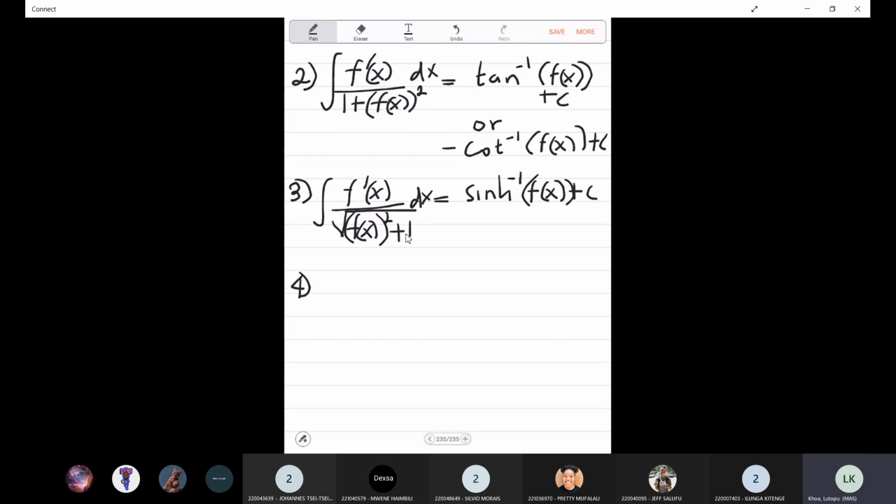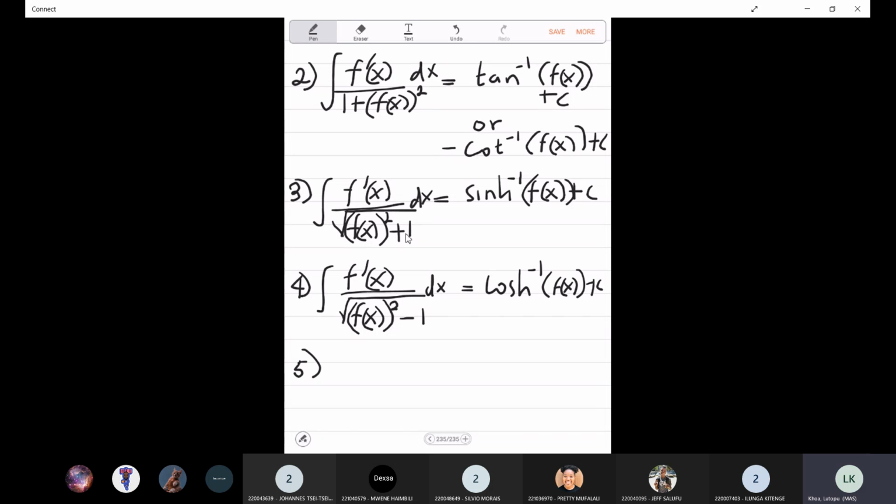Basic algebra, I would say. Then we have f prime of x over the square root of f of x squared minus 1 dx, and this one is hyperbolic cos inverse of f of x plus c.